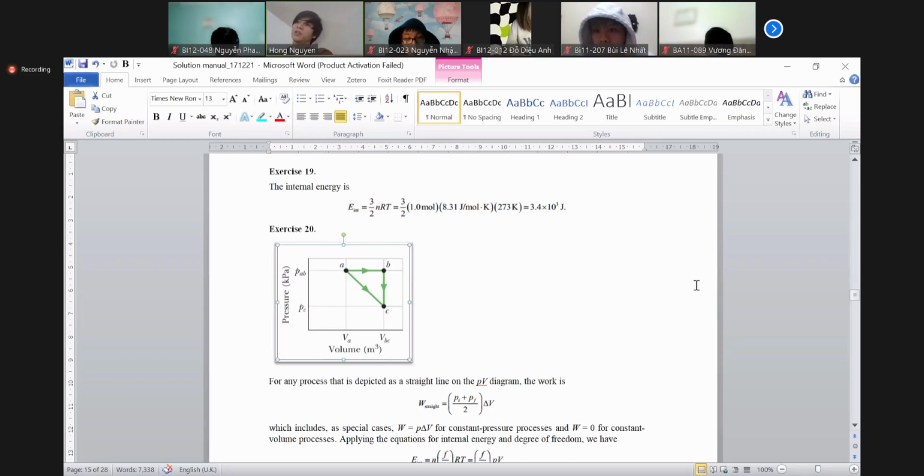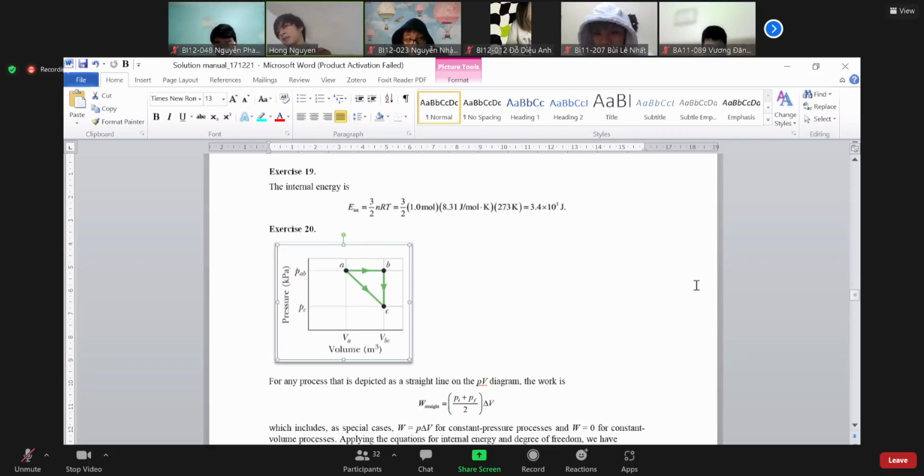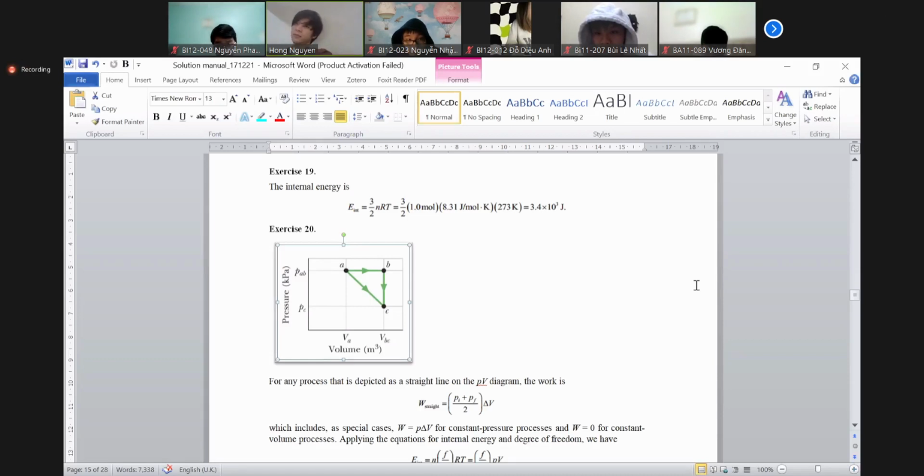For a monatomic gas, I mean the gas having only one atom in the molecule, for example helium, argon, they will have 3 degrees of freedom.